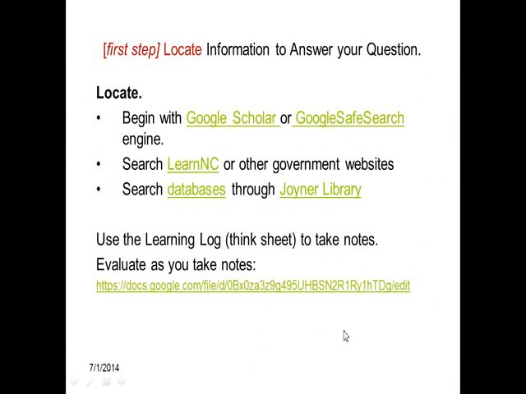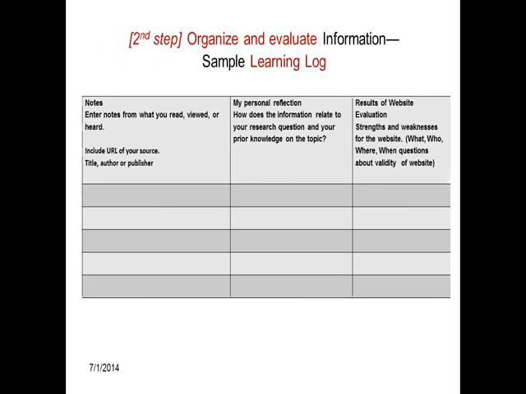Now we've located information. The next step, organize and evaluate. This is the learning log that goes with the LOC model, and you would want to use this in your project. You're going to put your notes here on this left column, just like you did for the think sheet for the case study.